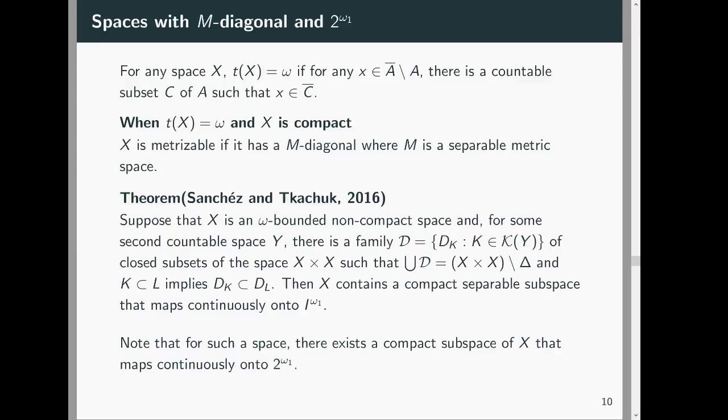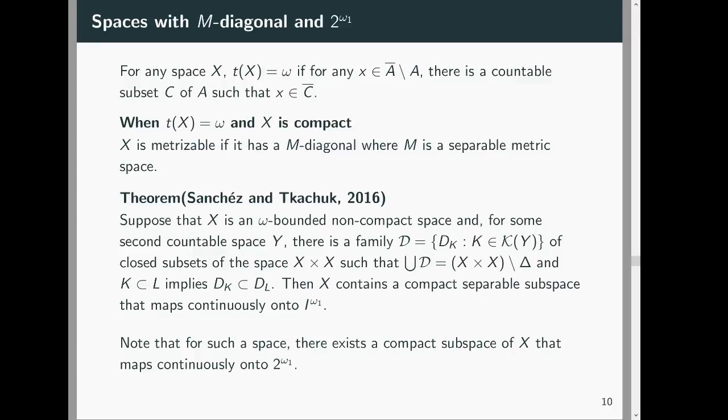And so there's a result given by Sanchez and Kirchhoff, and they proved if you have an omega bounded, which means every countable subset closure is compact, non-compact space with a Km directed closed subset, then this X contains a compact separable subspace which maps continuously onto I omega 1.